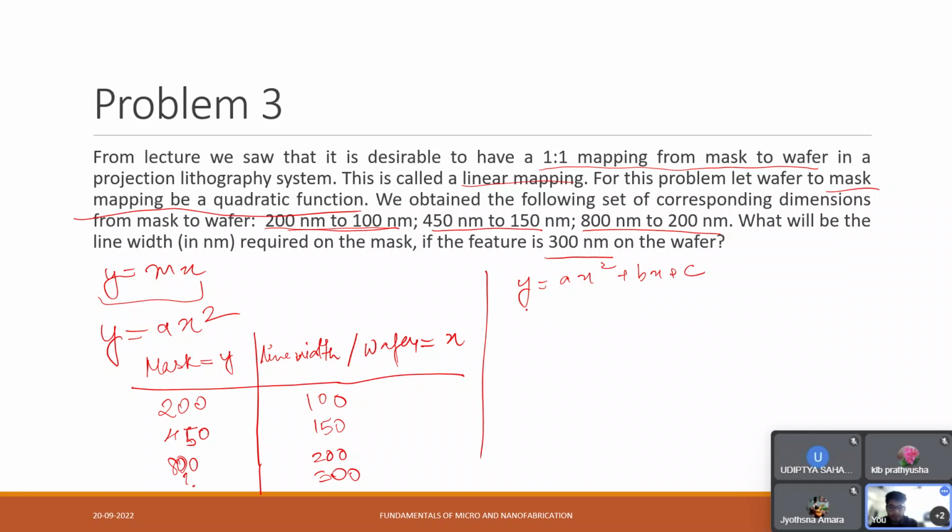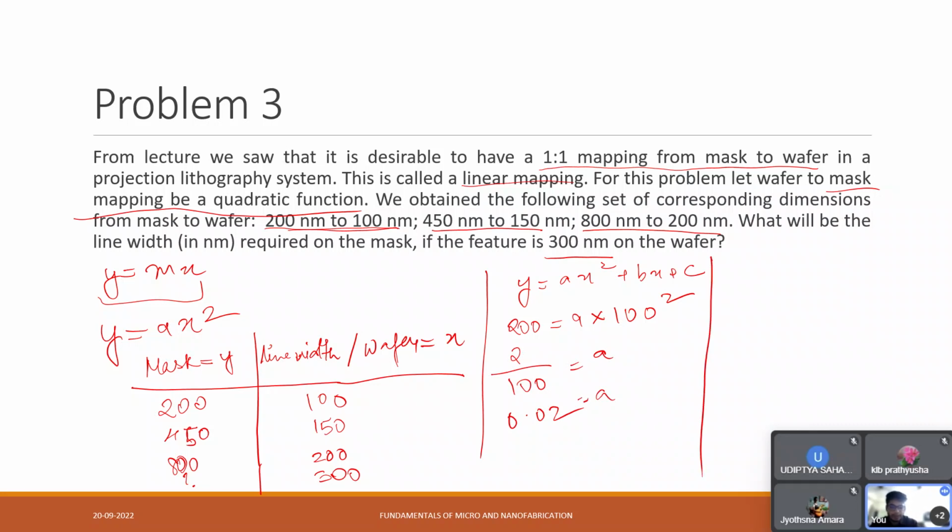So for y we'll put 200 and a and 100 square. First value we are doing. So essentially a is 0.02. Okay.